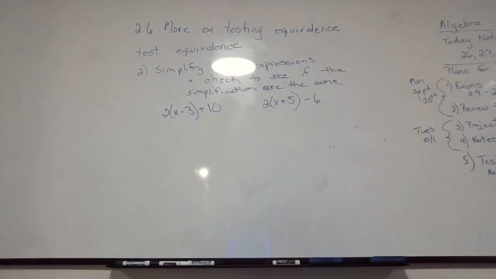We want to know if these two expressions are the same. We could do the first way, making a table. That is not wrong. That works. But we can also simplify.